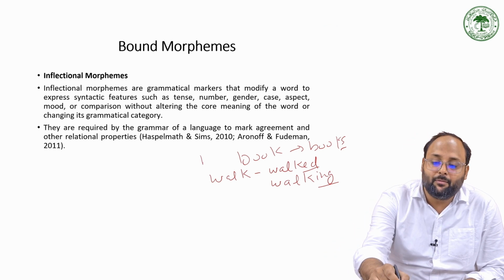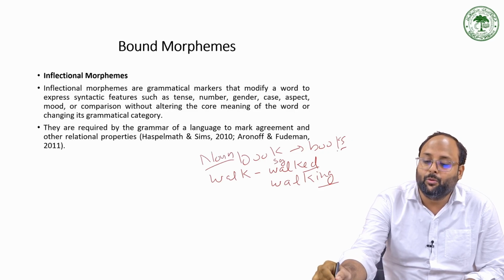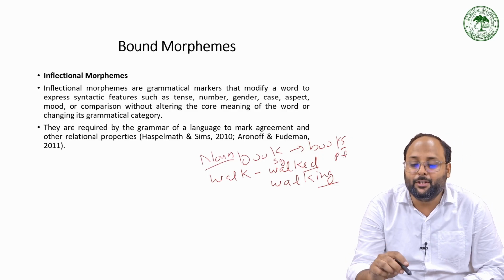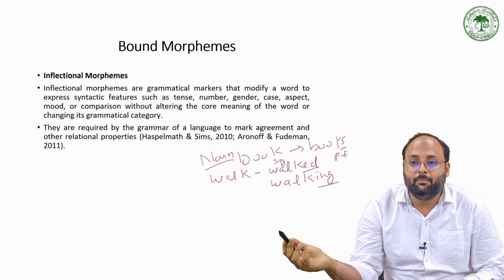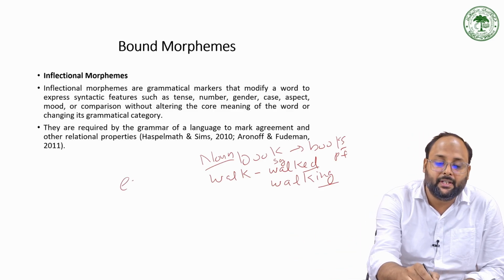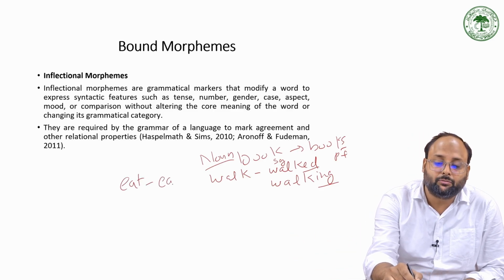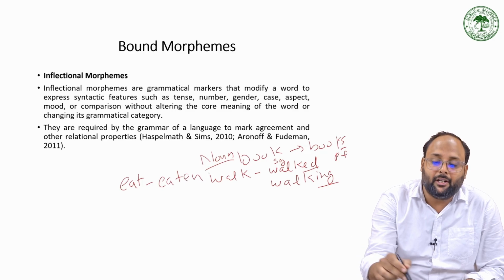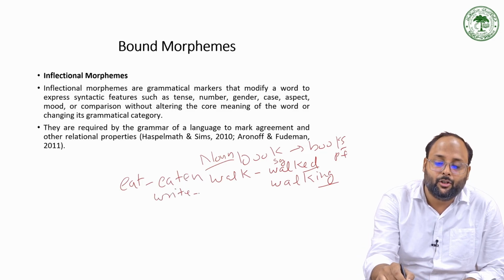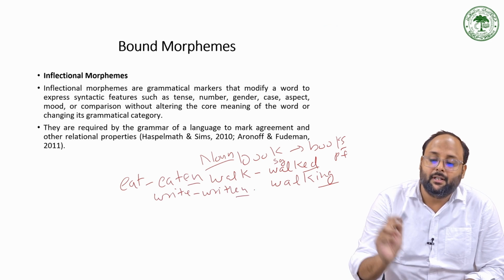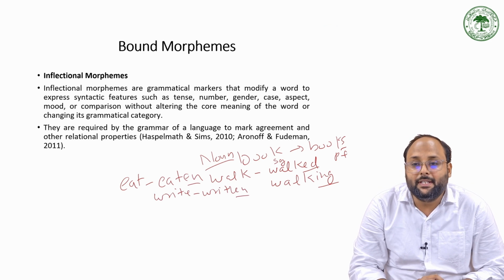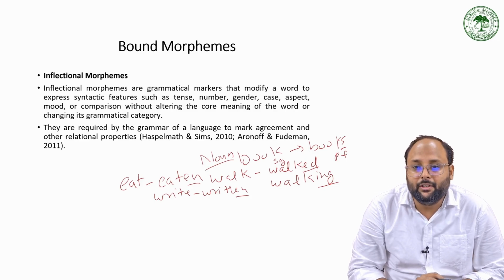So in nouns we have the change from singular to plural, and in verbs we have the change from present to past or progressive, or also in some passive verbs like eat to eaten and write to written. So this en is the passive marker which does not change the meaning but just changes some grammatical information of the language.